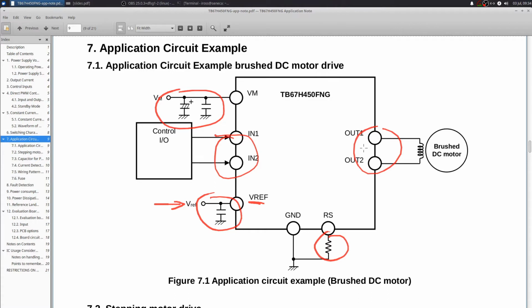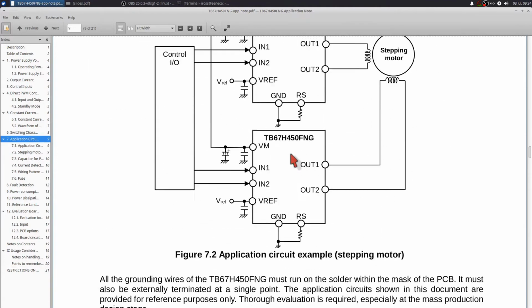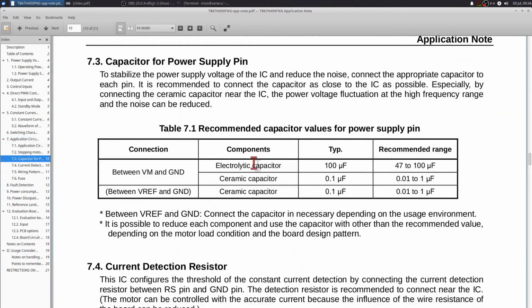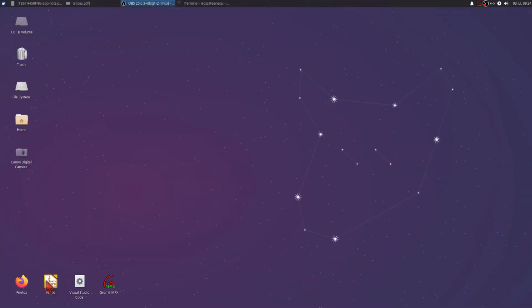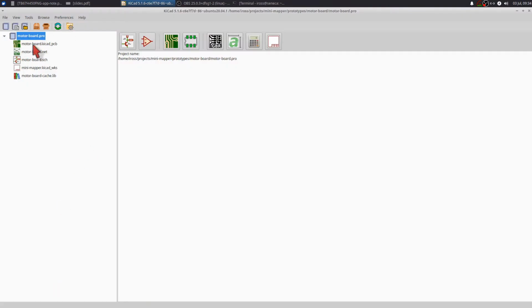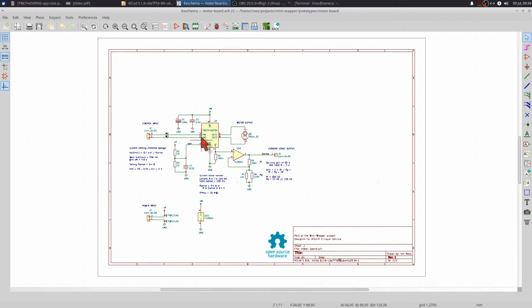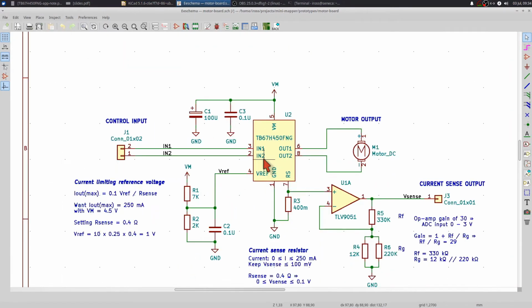So let's talk about the power supply stuff first. The application note has some recommendations for bypass capacitors for the power and for this reference voltage. So that's pretty simple. Let's go and open up the schematic that I've made for this. Like I said, I've laid this out already, and so here you can see the motor driver chip.